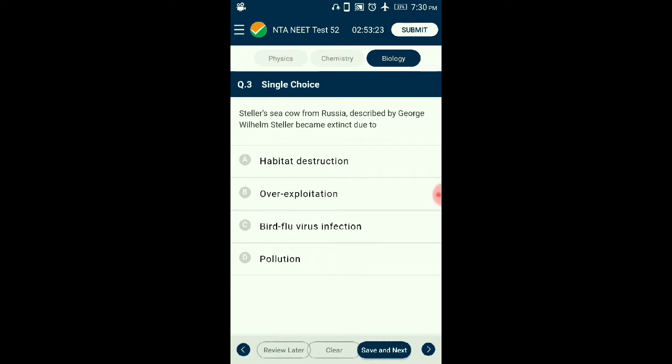Some examples of recent extinctions include the dodo, the quagga, endemic to Africa; the thylacine, endemic to Australia; Steller's sea cow, endemic to Russia; and three subspecies of tiger. The passenger pigeon and Steller's sea cow were hunted by humans, leading to their decrease. So the answer is option B, overexploitation.